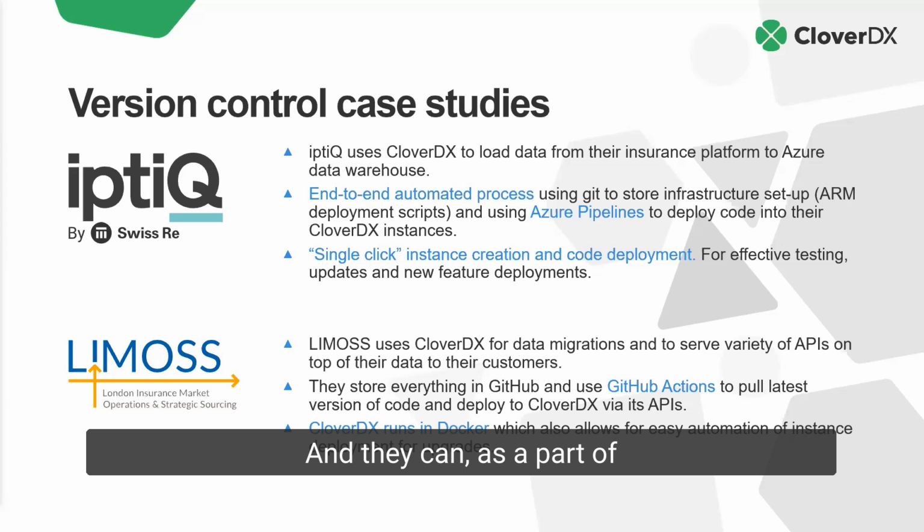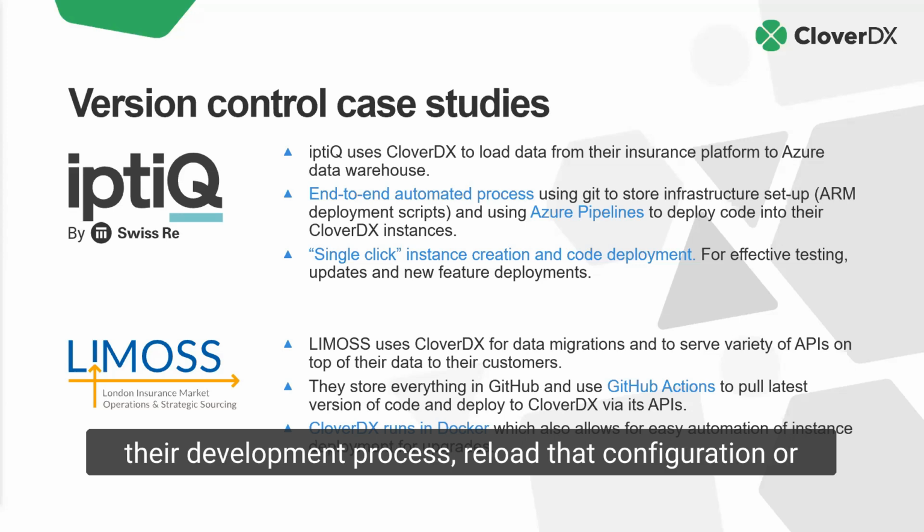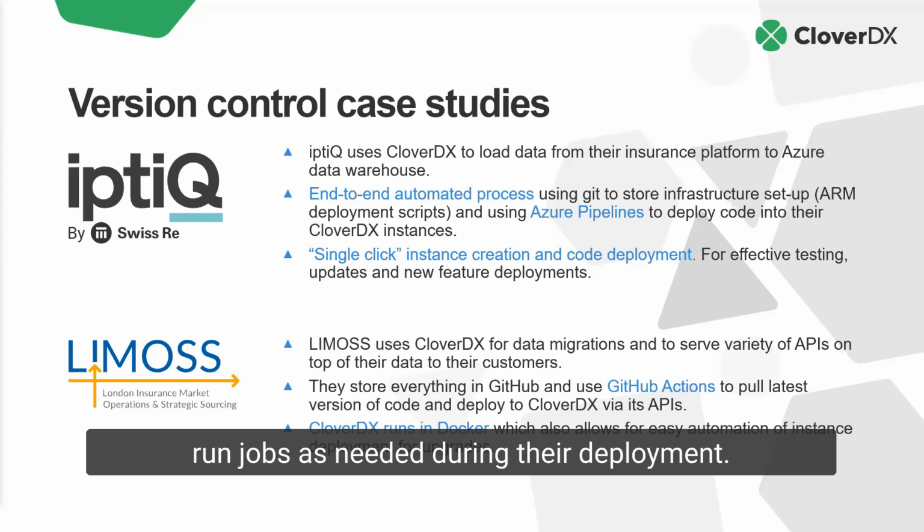And they can, as a part of their development process, reload that configuration or run jobs as needed during their deployment. That makes it very easy for them to make changes and scale up or scale down their solution to meet their demand needs.